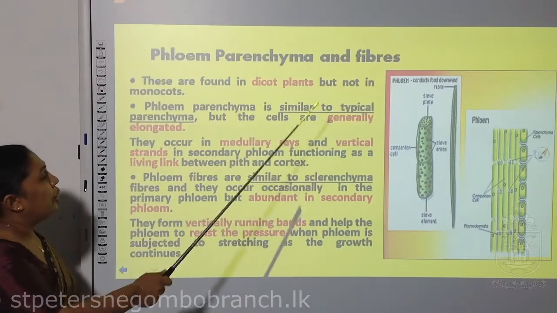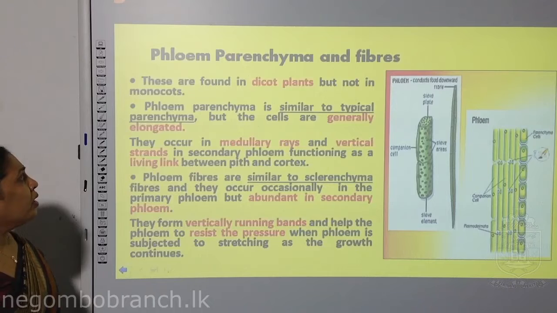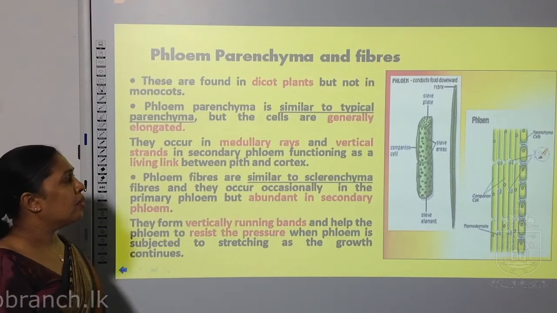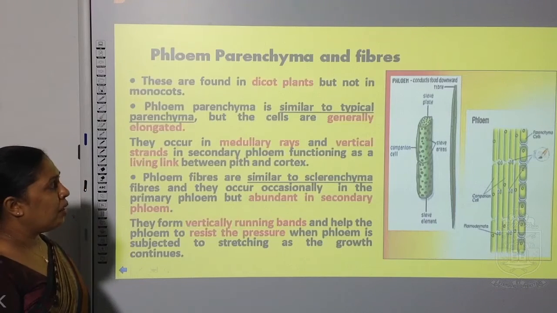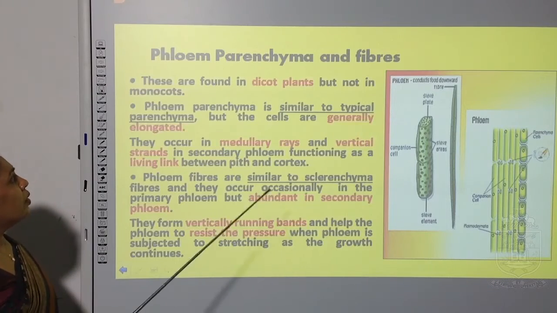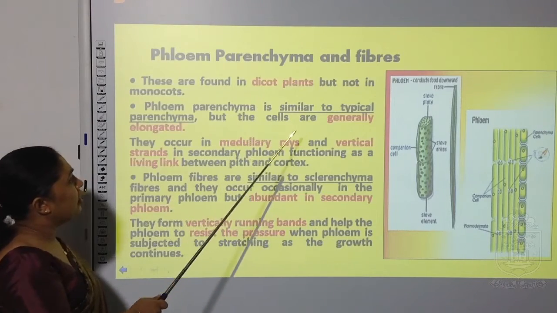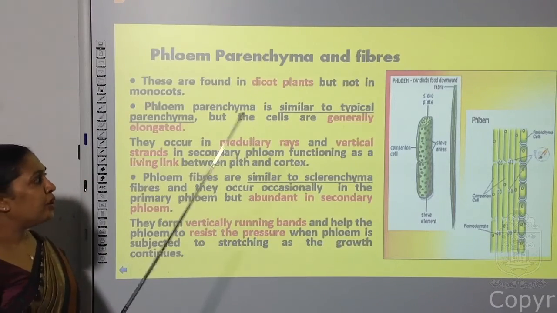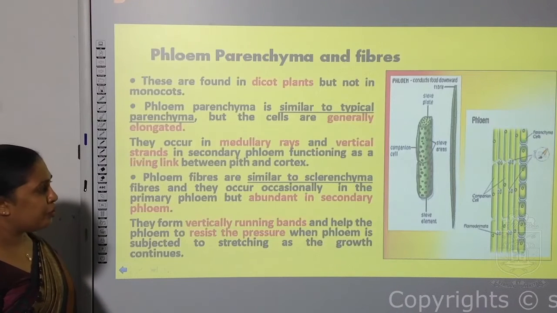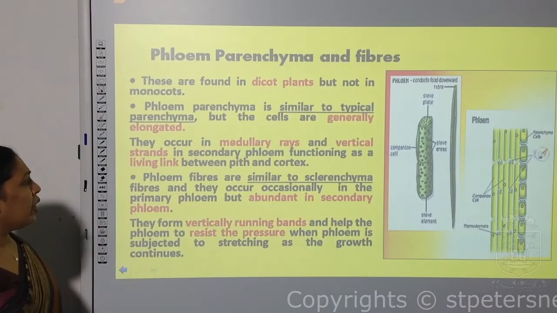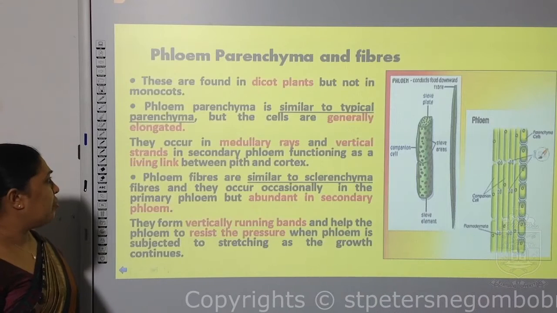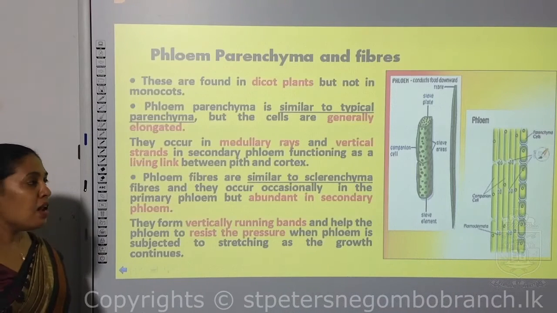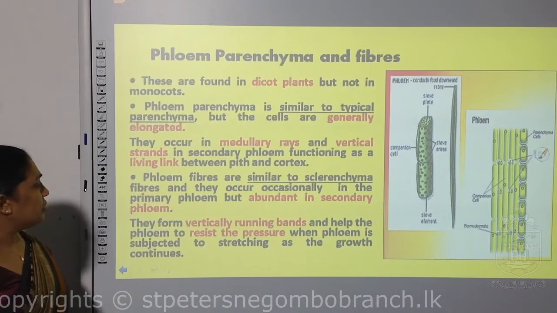Phloem parenchyma and fibers are also there in some of the plants. They are also found in dicot plants, and they are similar to typical parenchyma and generally elongated, and they occur in medullary rings and vertical strands, forming the living link as in the xylem.